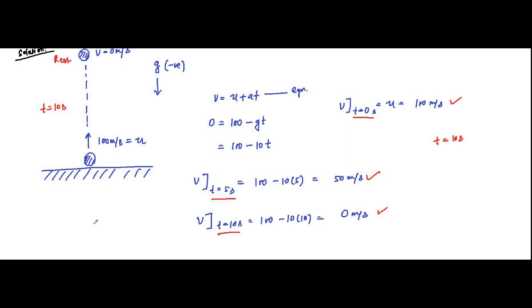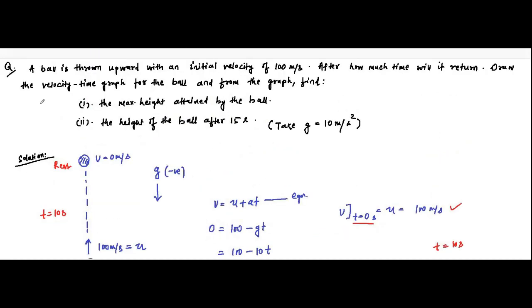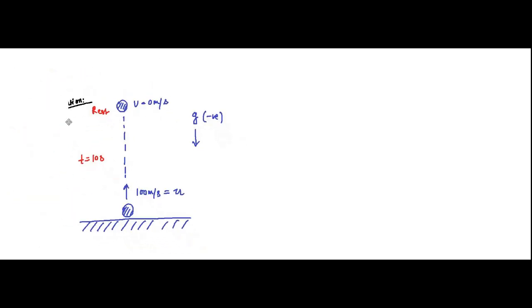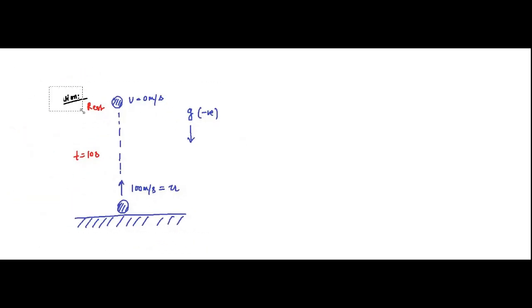Now if you have watched my video related to motion of an object under the influence of gravity and the questions I have discussed previously, there we discussed that when an object is moving under the influence of gravity, it has some important properties. The time taken by the object to move upwards and finally come to rest is the same time it takes to come downwards.